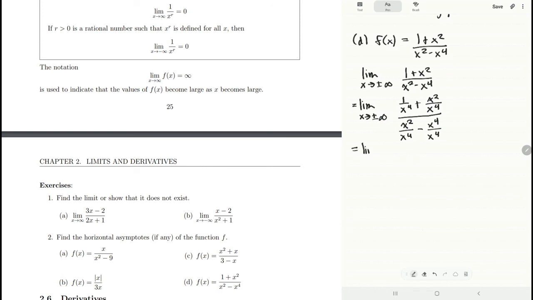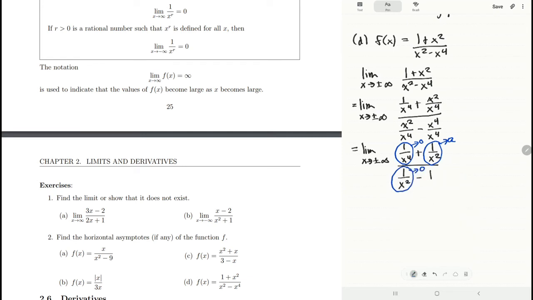So let's simplify. We have the limit as x goes to plus or minus infinity of 1 over x to the 4 plus 1 over x squared divided by 1 over x squared minus 1. And now we will take the limit as x approaches plus or minus infinity. 1 over x to the 4 will go towards 0. Same with 1 over x squared, as well as this 1 over x squared.